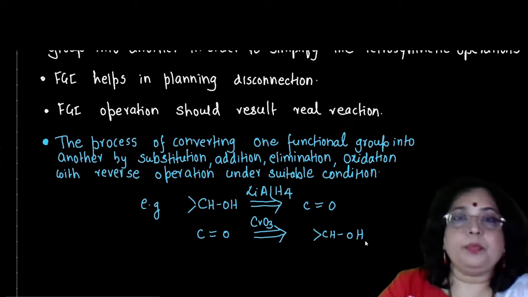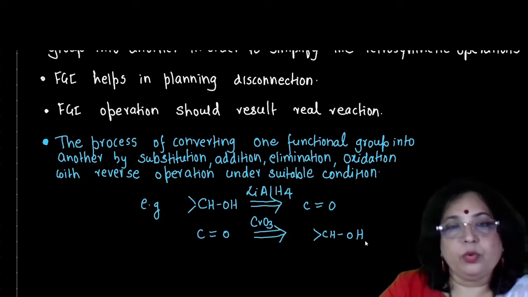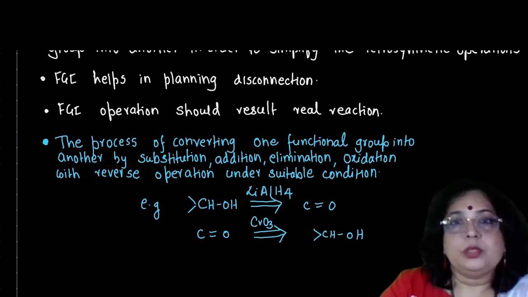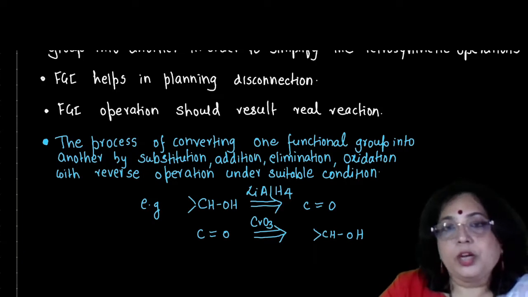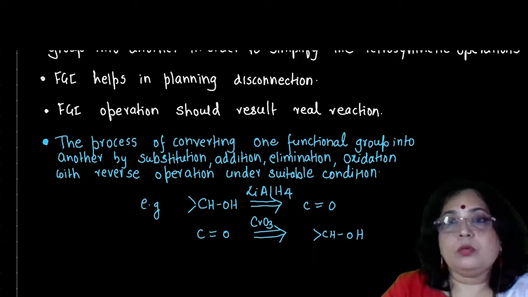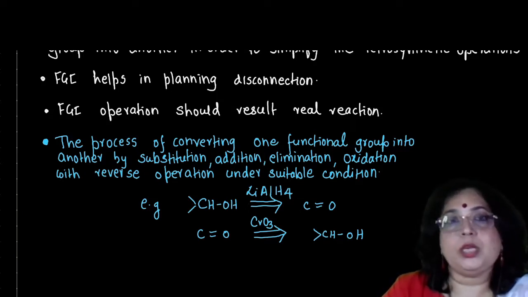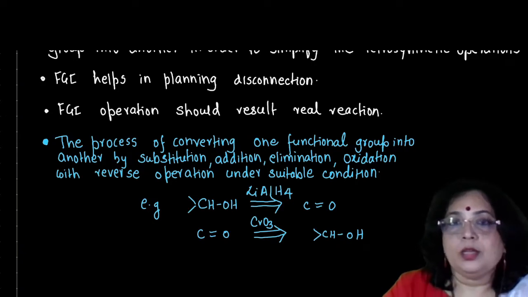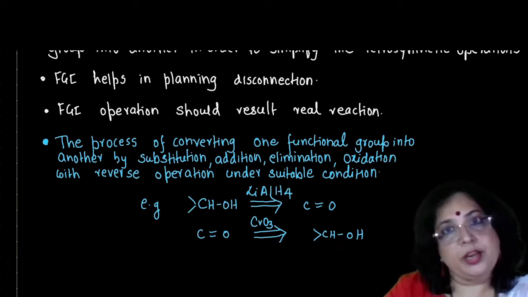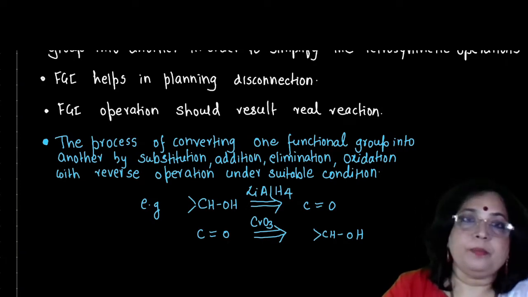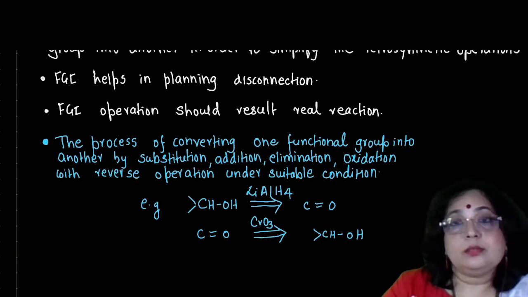This is a process of converting one functional group into another one. So what are those reactions? Those reactions are nothing but substitution reaction, addition reaction, elimination reaction or oxidation reaction, etc. But they should be considered in the reverse.